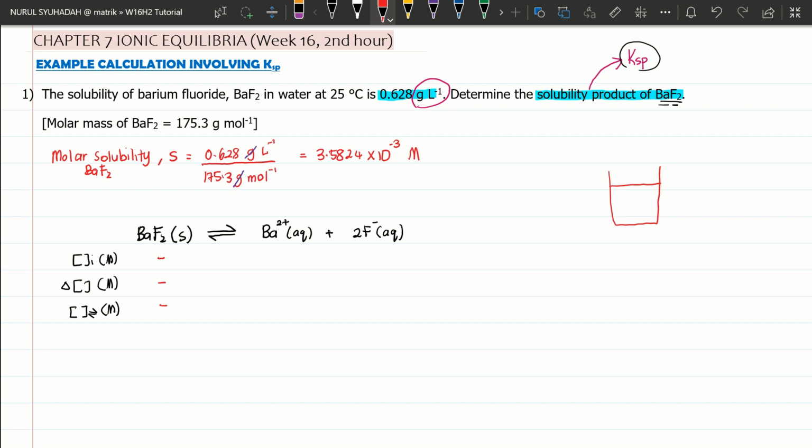Okay, initially. So that's why Ba2+ is 0. Okay, so as we put in BaF2 solid into our solvent dekat sini. Solvent kita selalunya kalau tak mention dia adalah water. Okay, so kita akan tengok berapa banyak BaF2 ni yang akan larut.